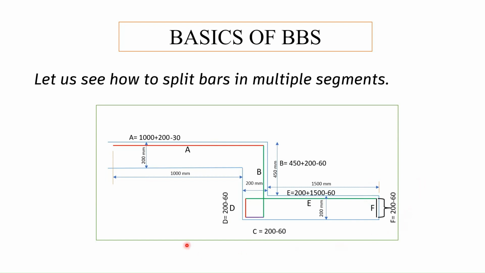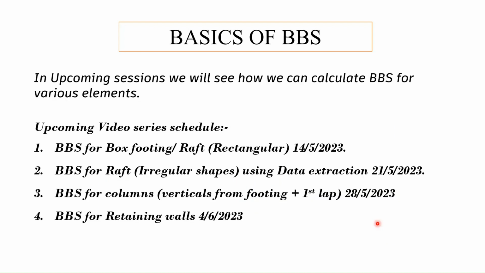So our final cutting length is A plus B plus C plus D plus E plus F minus 5 times 2 times the dia of bar. So this was the basic of BBS, that you have to split your entire assembly into multiple segments at the point where you observe your first bend.